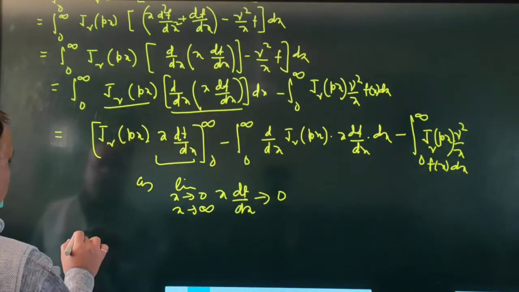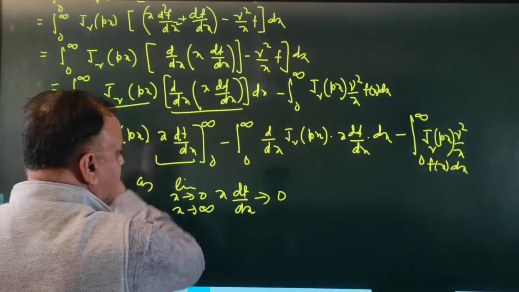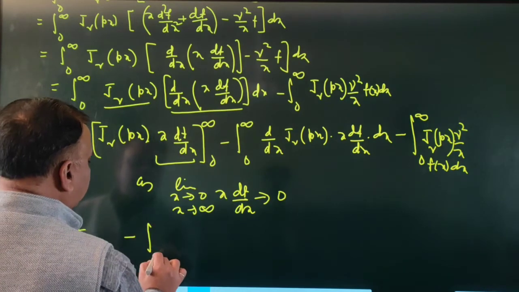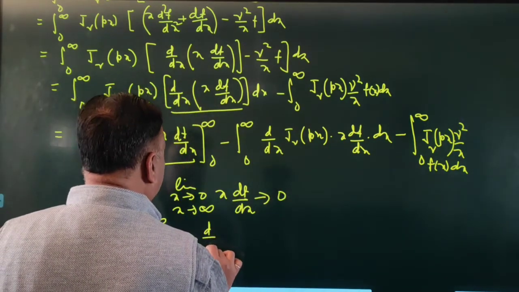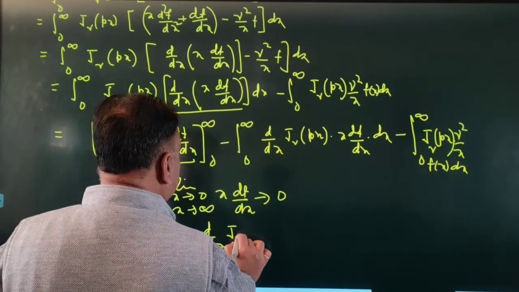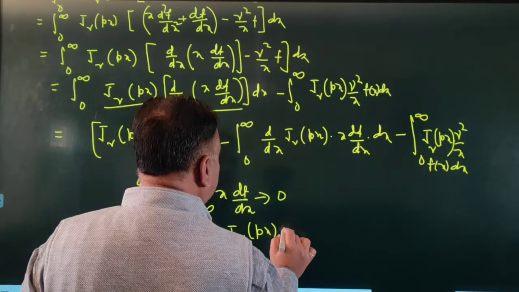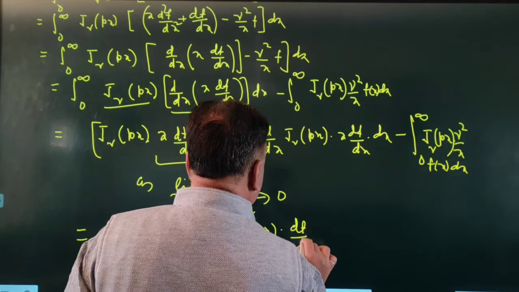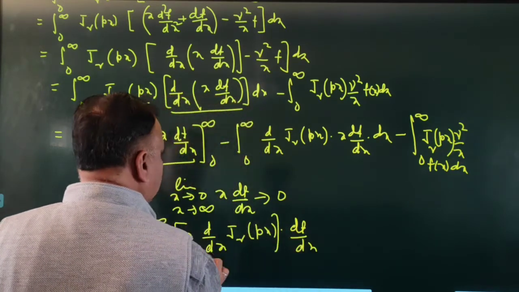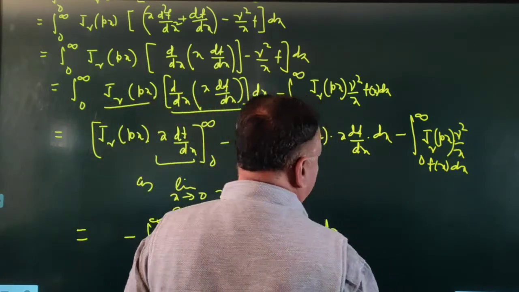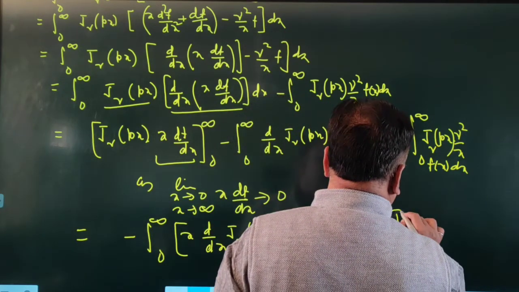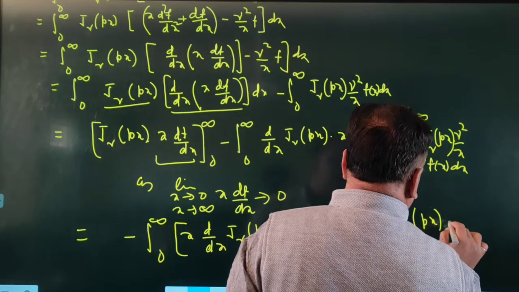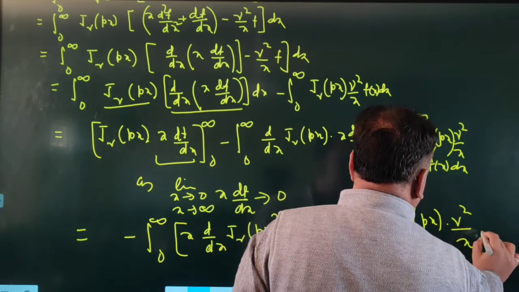As all these terms are equal to 0, we get minus the integral from 0 to infinity of x d/dx of J_nu(px) times df/dx, integrated with respect to x, minus the integral from 0 to infinity of J_nu(px) times (nu²/x) f(x) dx.